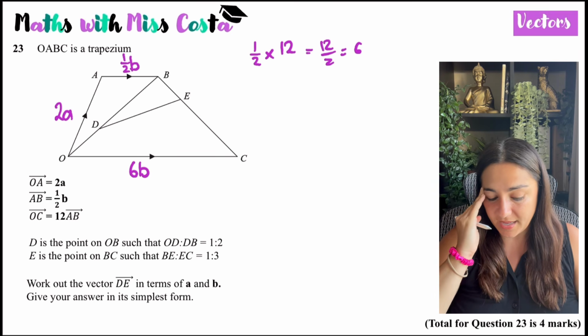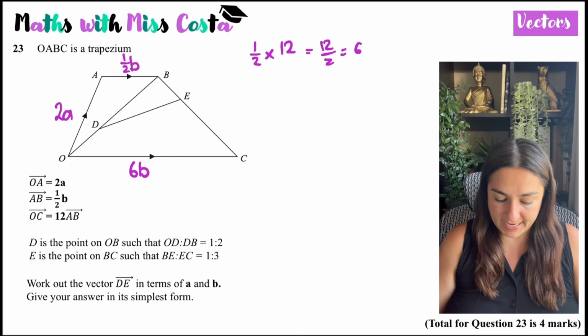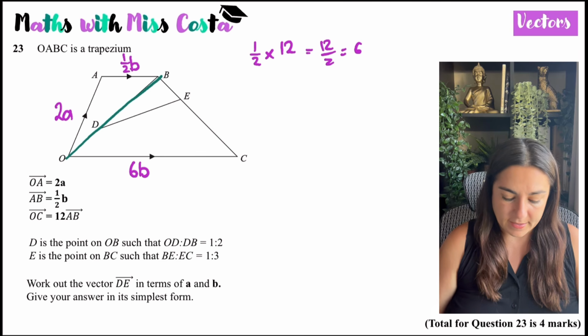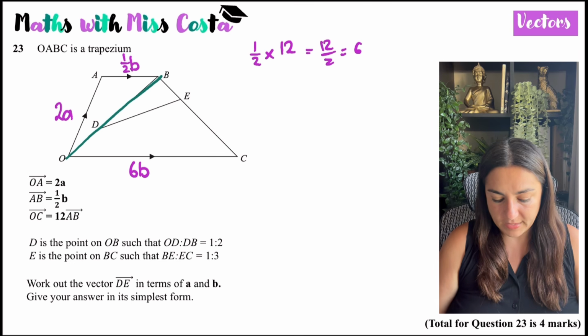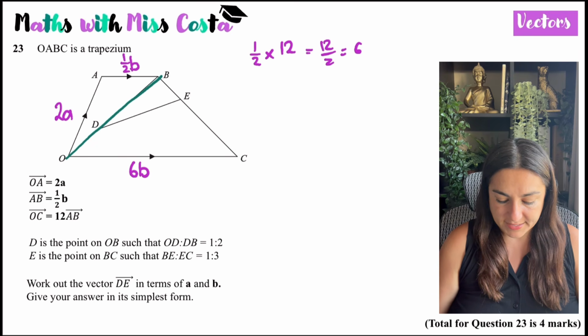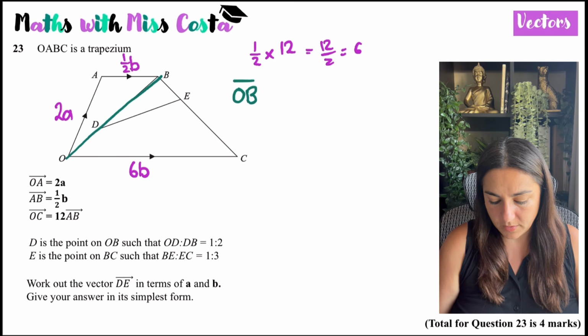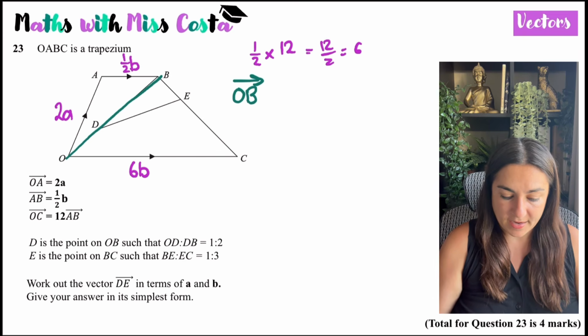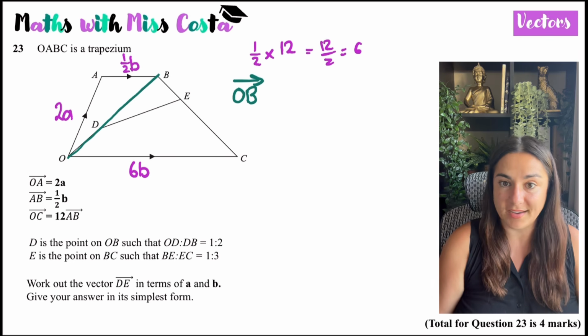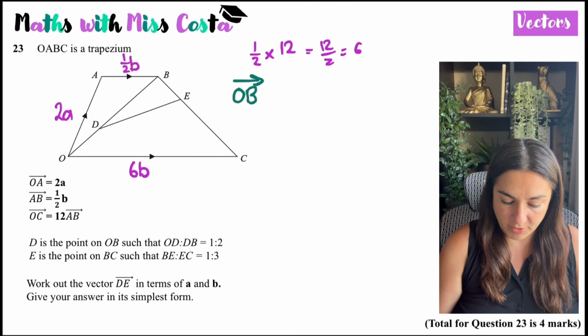So there's a few vectors that I could work out. So DB is along the vector OB, and that is a vector that I can work out. So the vector OB, I want to work out what that is, but I can't go along this unknown path because this has no vector information. So I can't go along there.